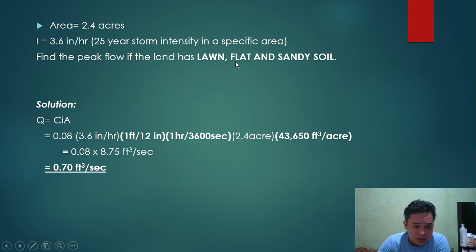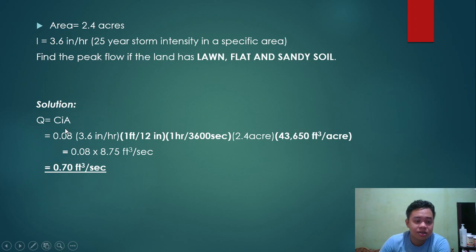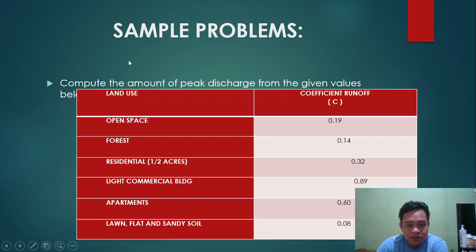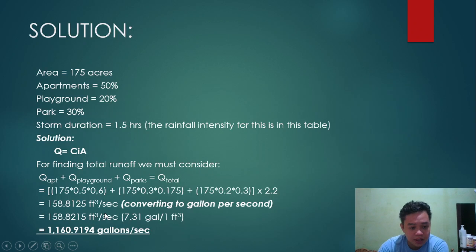From the previous problem, we just directly substitute the values, converting 3.6 like this. What differs it from the other is its coefficient. Lawn, flat, and sandy soil has 0.08. Substituting all its values, we get 5.25 cubic feet per second.